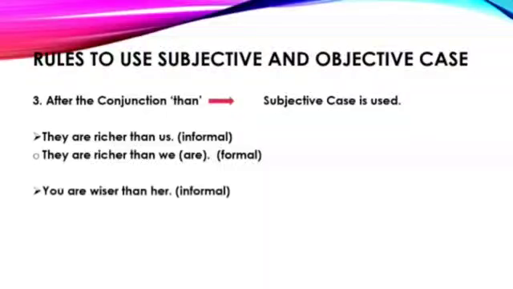You are wiser than her, it is the informal one, but the correct thing is you are wiser than she. If you feel confusion, you can think in your mind or you can put a verb after the pronoun. Like, they are richer than we are. You are wiser than she is. And your confusion will be gone.